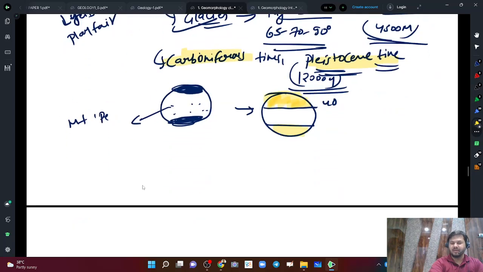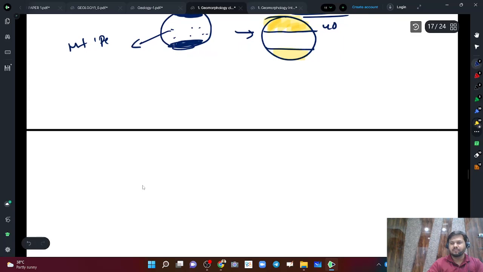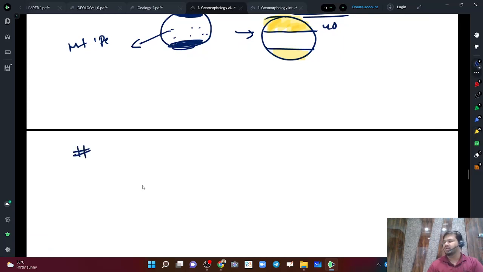Another example I can give you is that today we have mountains and mountains are getting built up. But in the geological past, the mountain building was not as intense as it is today. They said that there have been certain phases in geological time where mountain building processes were more intense.